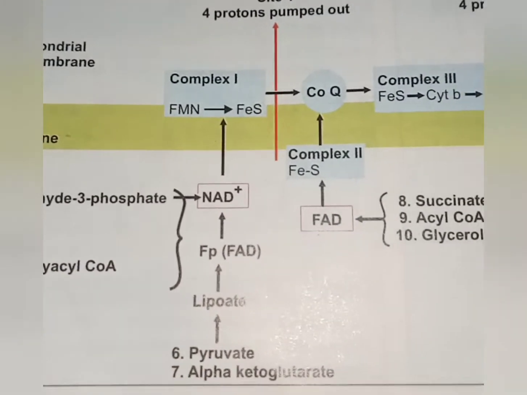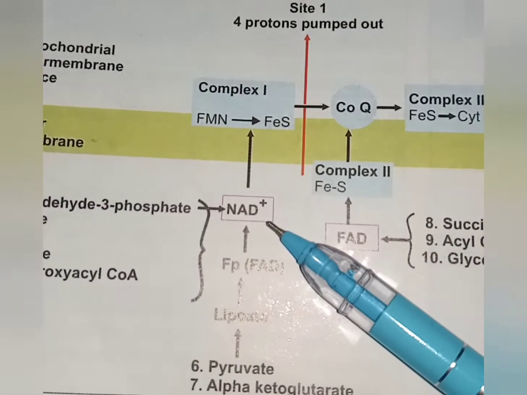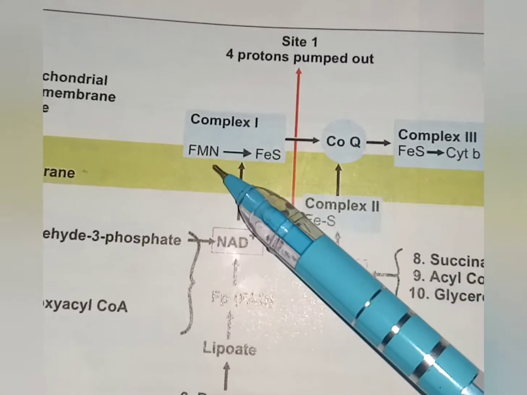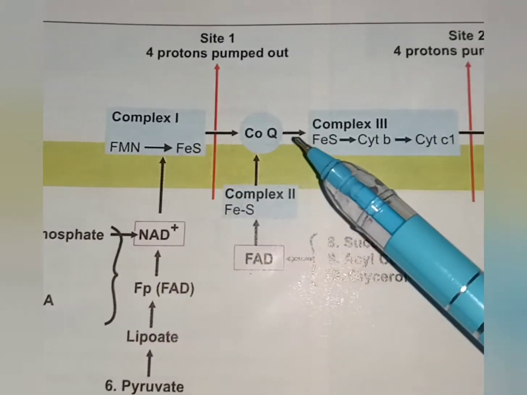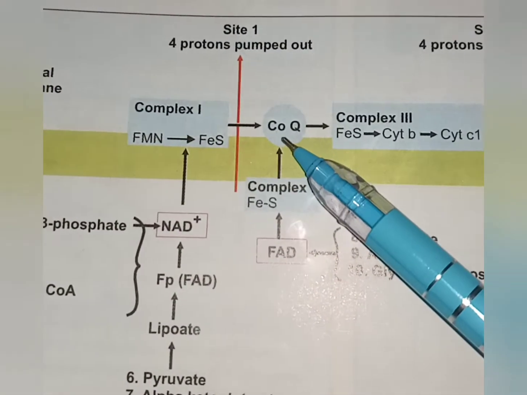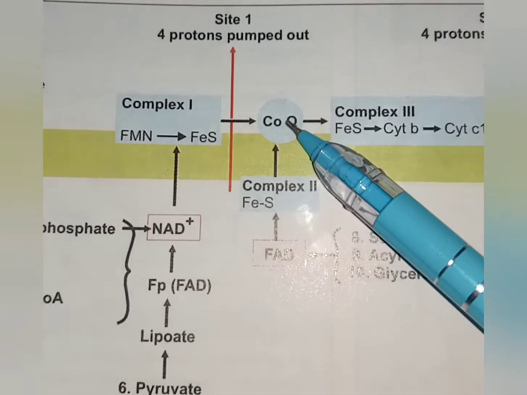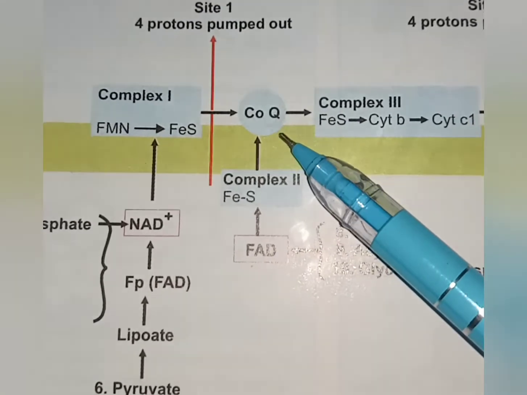Once again I am explaining: the electrons have come from NADH to complex 1. Now complex 1 has transferred them to ubiquinone. Ubiquinone has also received electrons from complex 2. Ubiquinone, which had a ketone group, got converted to an alcohol group.